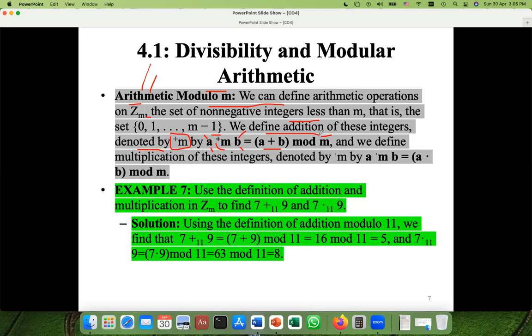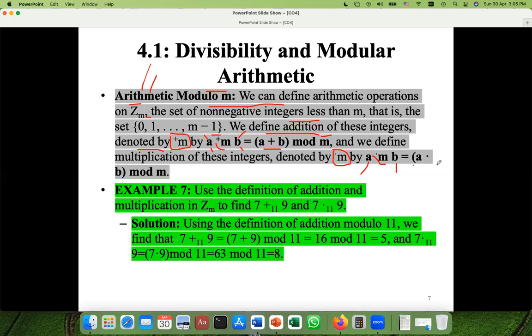And for multiplication, you can use this symbol, dot m, a dot m b, if you have two integers. Dot m means you have to do the multiplication modulo m. So how can you calculate this multiplication?